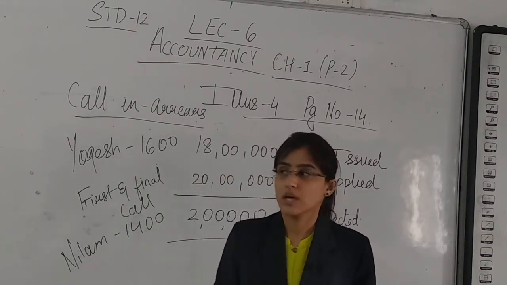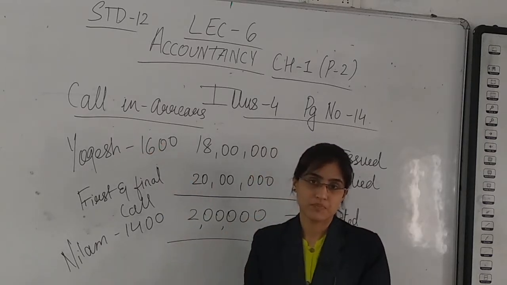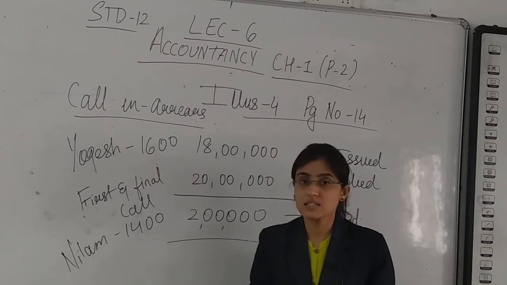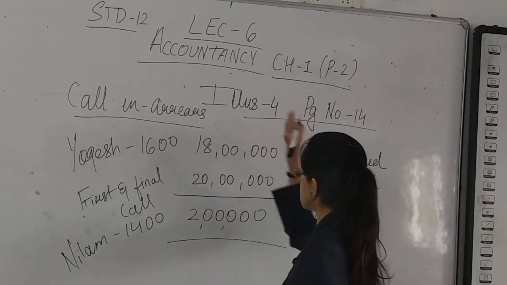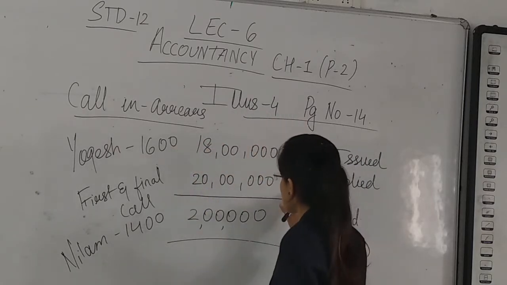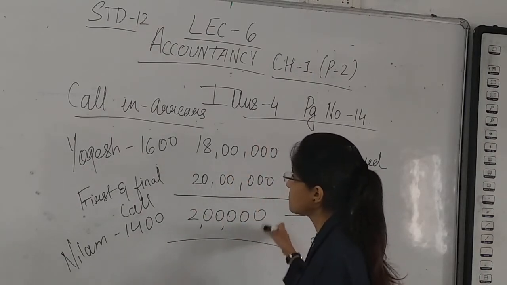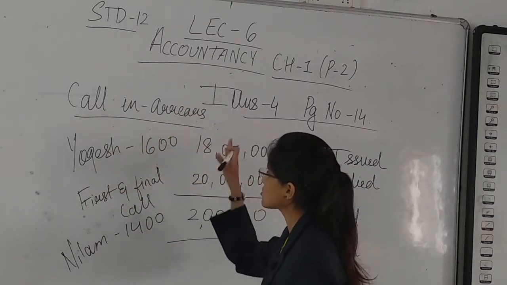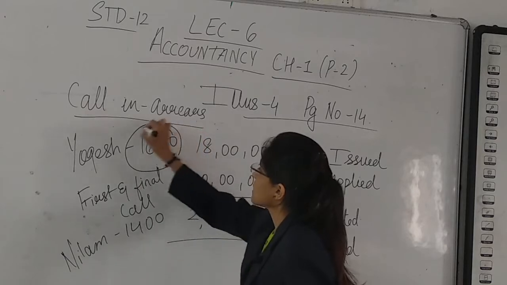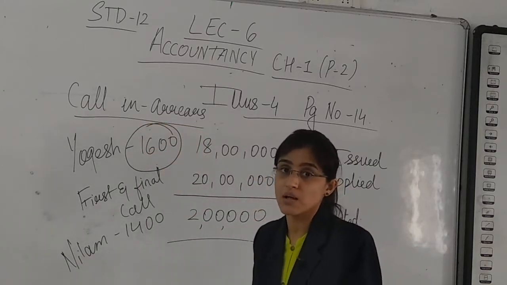So, till allotment there is no problem. Calls in arrears arise at the time of first call and final call. Understand, the company has issued 18 lakh shares, has received applications for 20 lakh, excess applications are rejected and refunded. Thereafter, at the time of first call, Yogesh fails to pay the amount on the 1600 shares that he has.